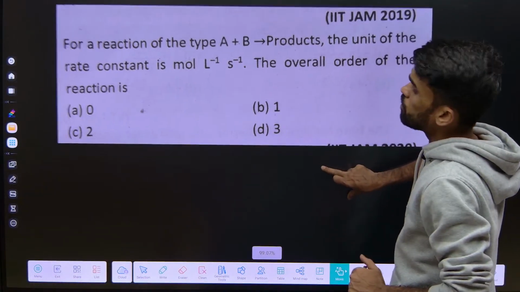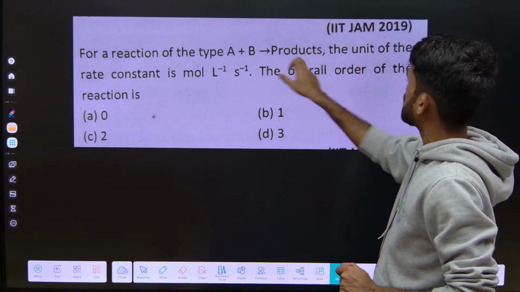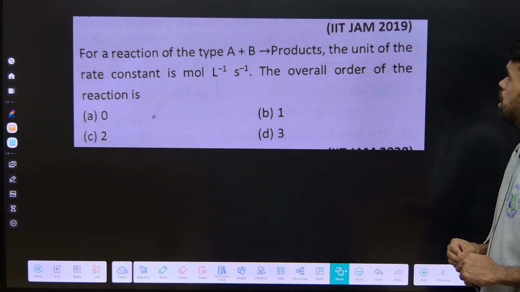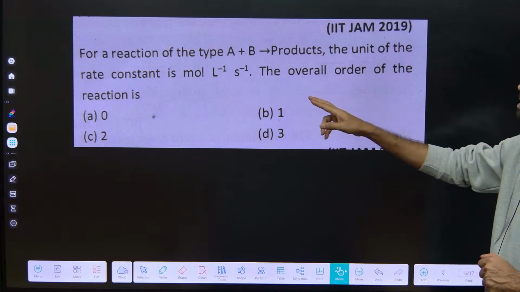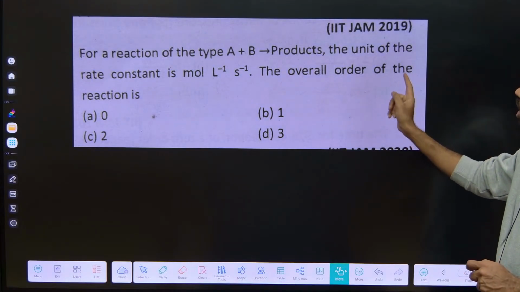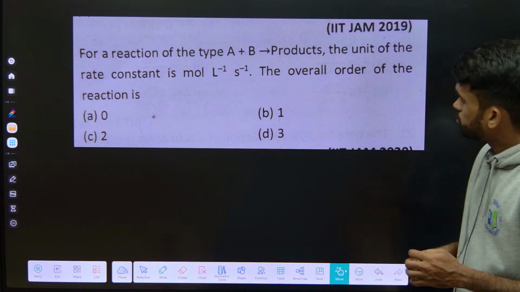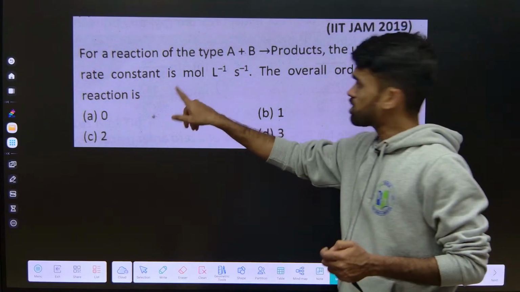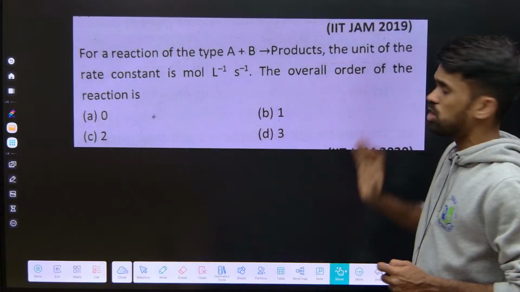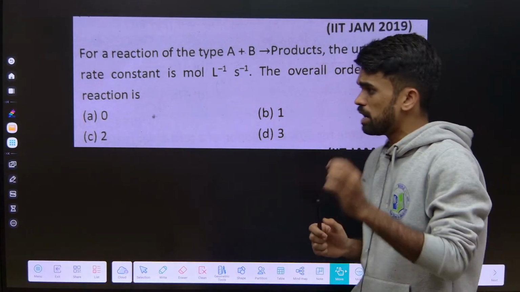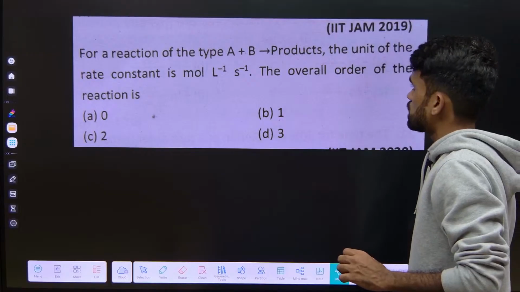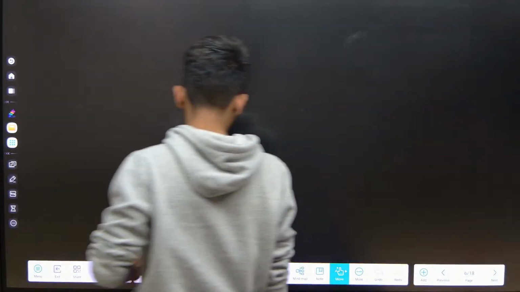They are saying for a reaction of type A plus B giving rise to product, what is the unit of the rate constant, and what is the overall order of this reaction. It's very simple. Let me explain what the rate of reaction actually means.